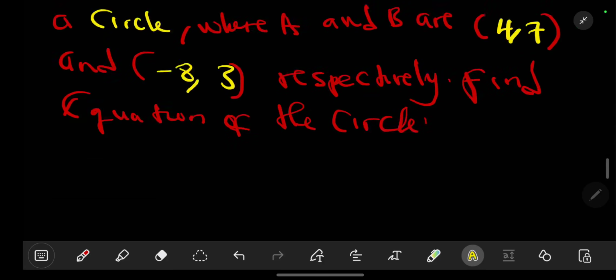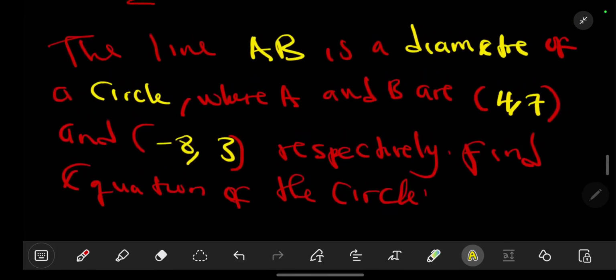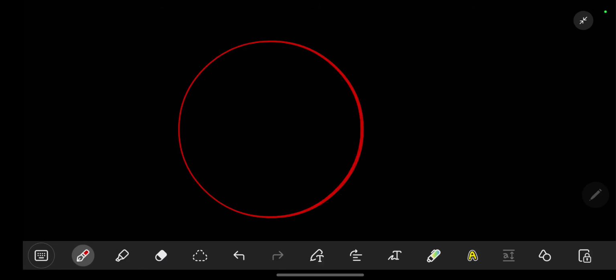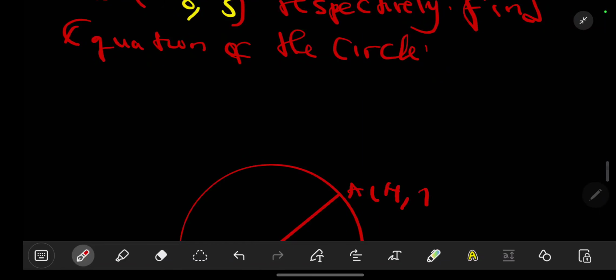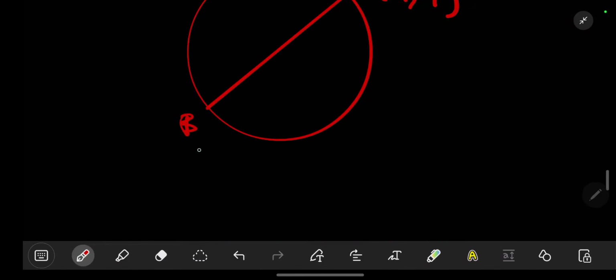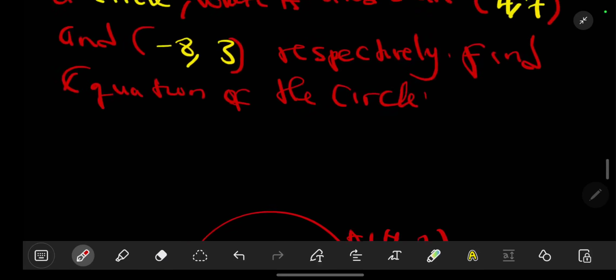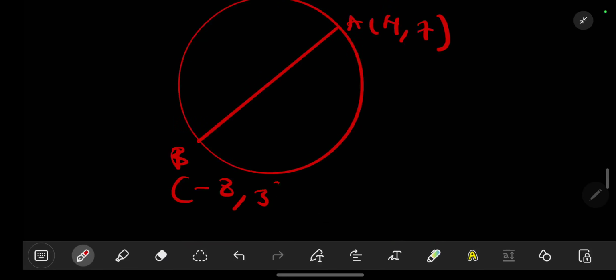So we have the circle, like that, with a line which is the diameter, meaning a line touching the circle at 2 points, at A and at B. So this is the diameter, with A being at (4, 7) and B being at (negative 8, 3).